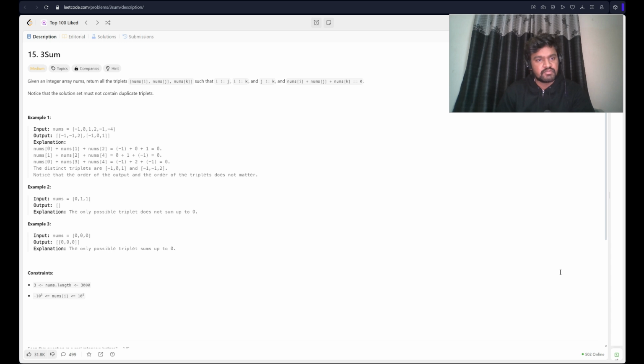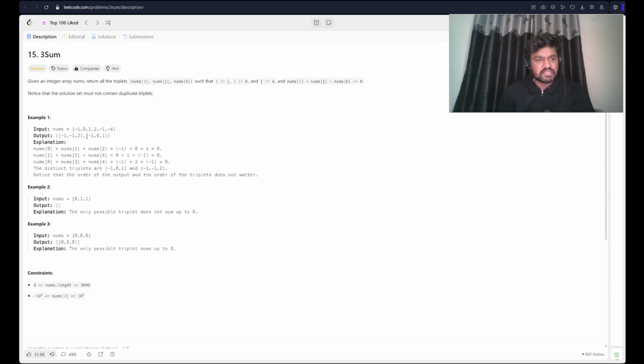The first one: -1, 0, 1, it returns 0. And the second: -1, -1, 2, it returns 0. So we need a triplet which returns 0. This is our output.